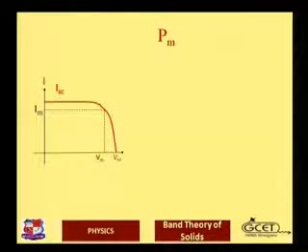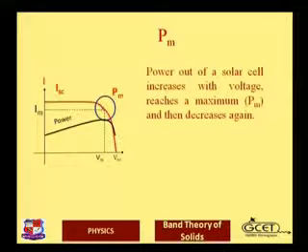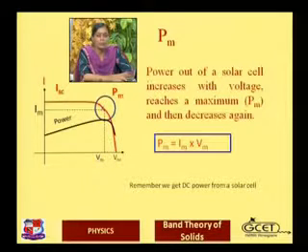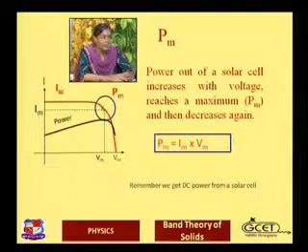Now what is PM? That is the maximum power point, right? We can have the maximum power point on the VI characteristics as well as on the power curve. The power output of a solar cell increases with the voltage, as we have seen in the graph and in the animation.